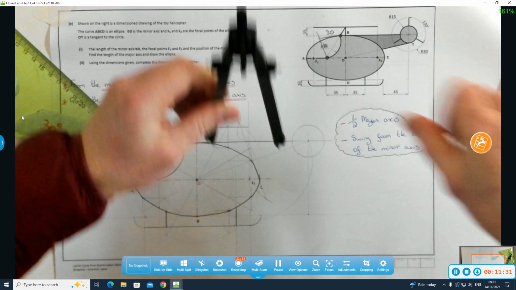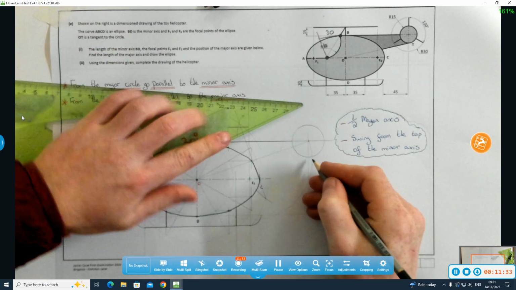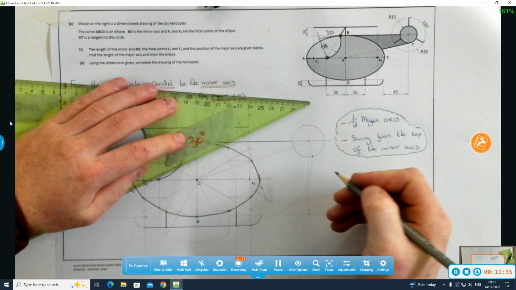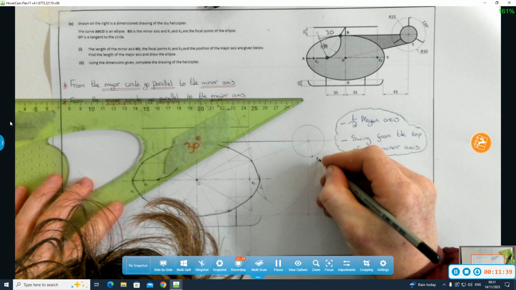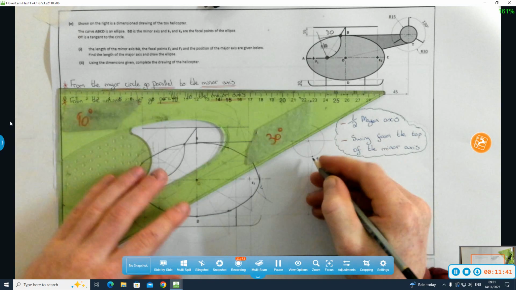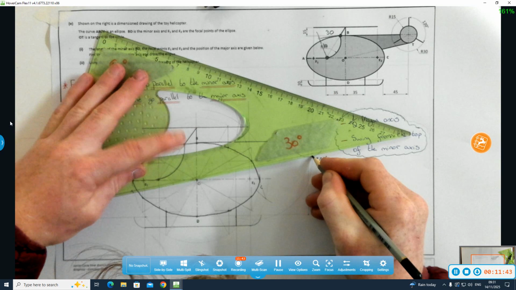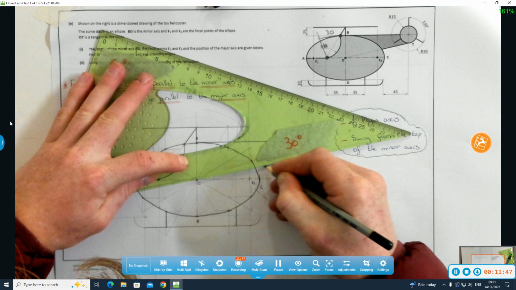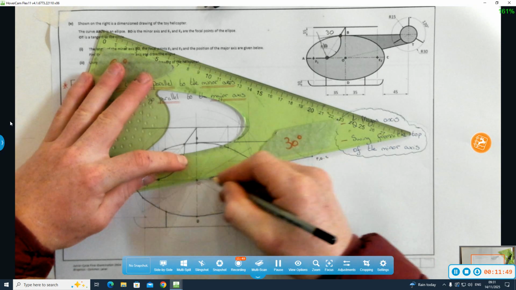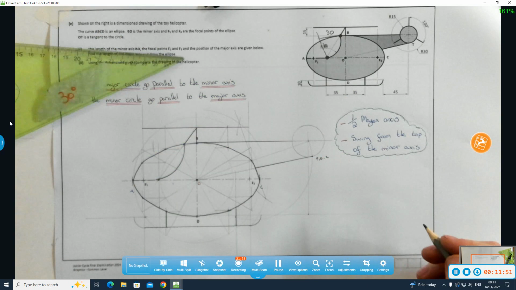And where the semicircle crosses the main circle, that's our point of contact. And we can join that in. Okay, so that's how we got our tangent.